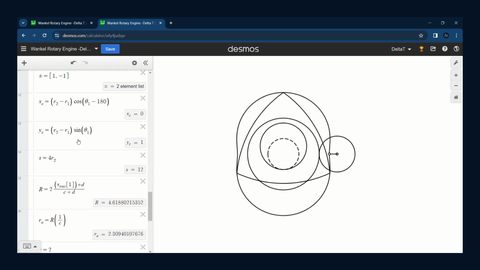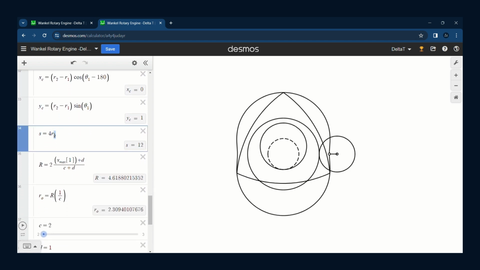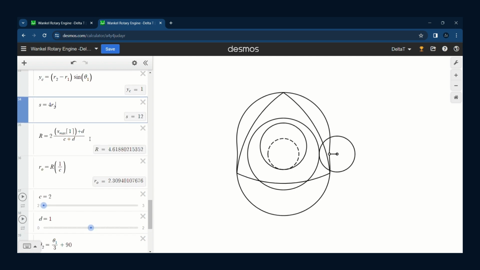So here we go, x sub c and y sub c, we already did that. I made the side length of the triangle 4 times r sub 2, and I think that also has to be the case. R, now this is the radius of the larger circle, which defines the epitrochoid, and so this is a function of x sub max, and these different variables.